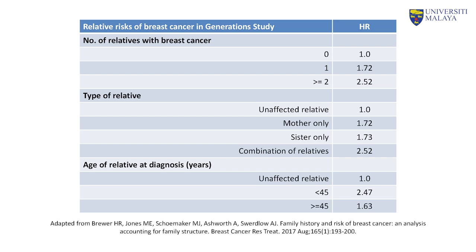Therefore, the best model for determining breast cancer risk due to family history was combining the family history and the age of the relative at diagnosis. Women who have had 2 or more relatives with breast cancer, the strongest conventional familial risk factor, had a 2.5-fold increase in cancer.